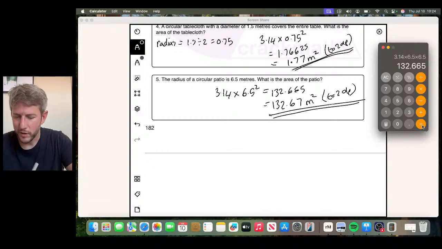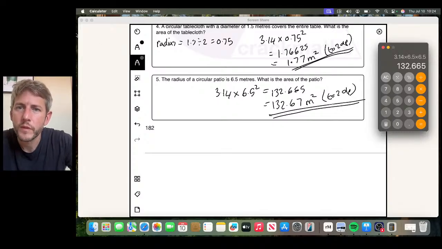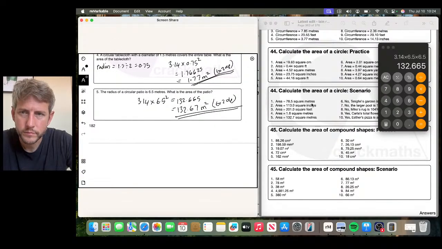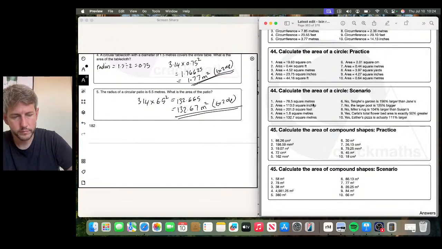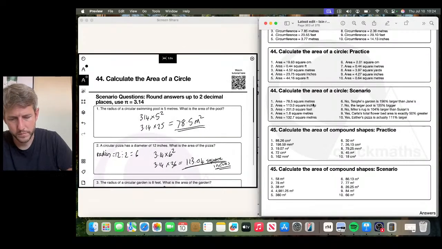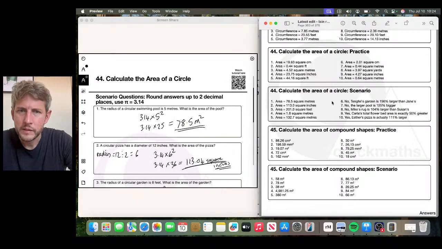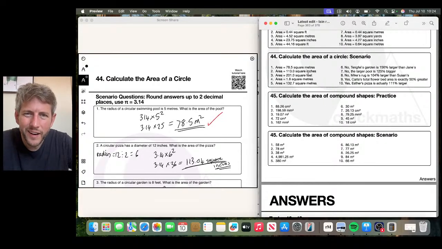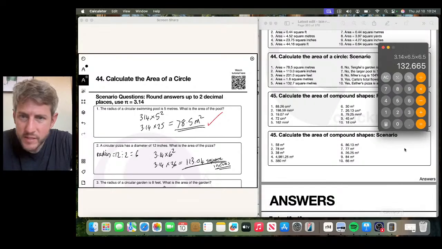Okie dokie, right. Let's get these ones marked. Okay, here we are. Right. Okay, so this one isn't rounded to 2 decimal places. Let's just double check that that definitely is the 2 decimal place.